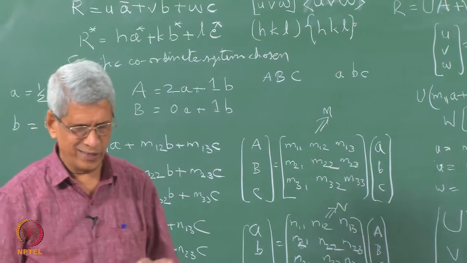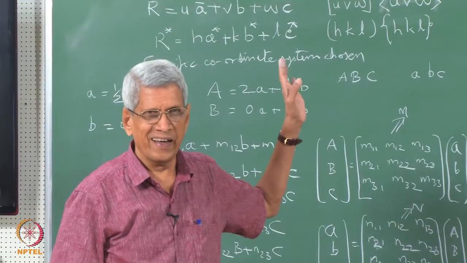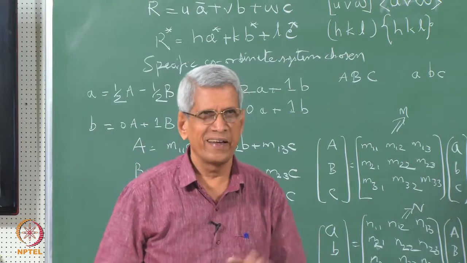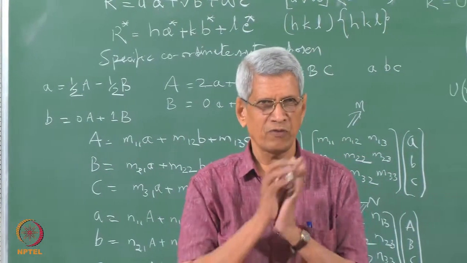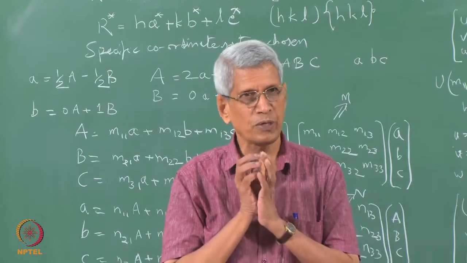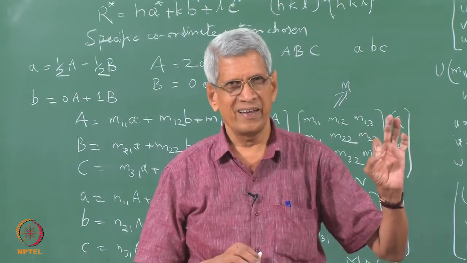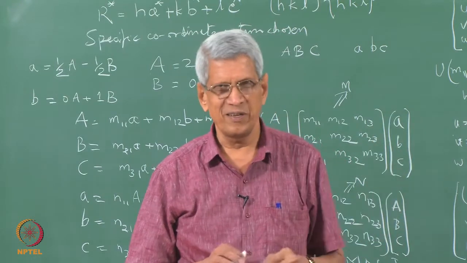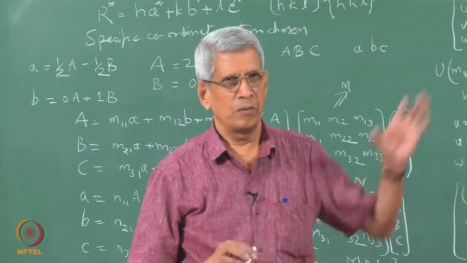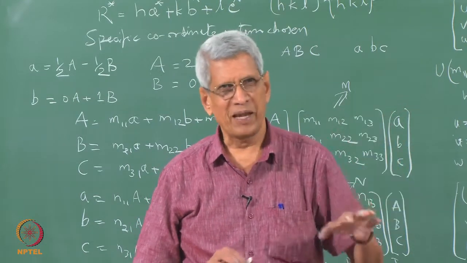Since in going from one lattice to the other, when we wanted to find out the transformation of indices with respect to a direction, we chose a vector in the space in which the lattice is defined. But HKL is essentially nothing but coefficients in the reciprocal lattice.